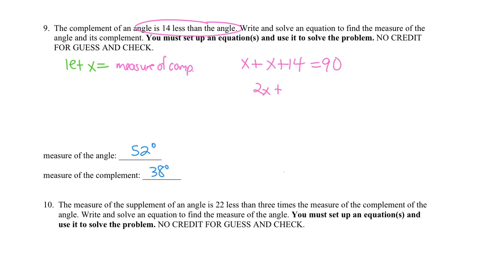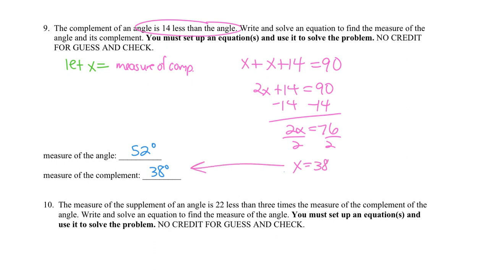Then when you solve this, you're going to subtract 14. Then you get 2x is equal to 76, divided by 2, and that's 38. So that told you the complement was 38, and that would go there. And then you could figure out the original angle by adding 14 to that or doing 90 minus 38.